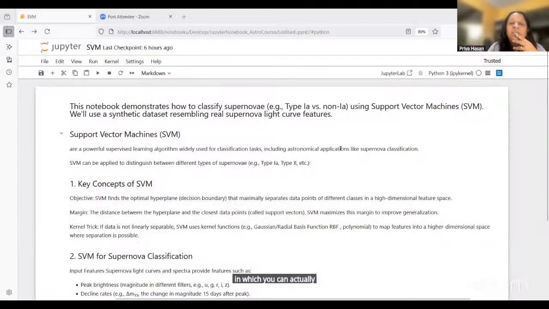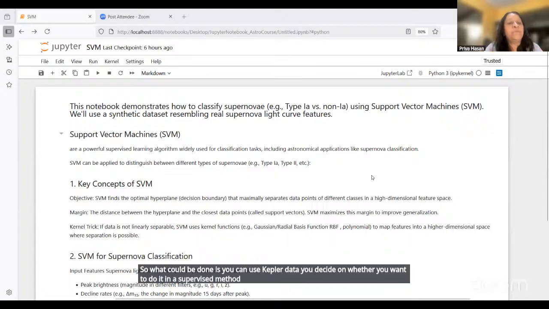And yeah, so Anjana Shri wants to know what kind of capstone projects can be done with exoplanets. I should not be doing this, but if I promote my own YouTube channel, there are some ways in which you can actually use Kepler data and analyze it to get exoplanet data. You decide whether you want to do it in a supervised or unsupervised method.